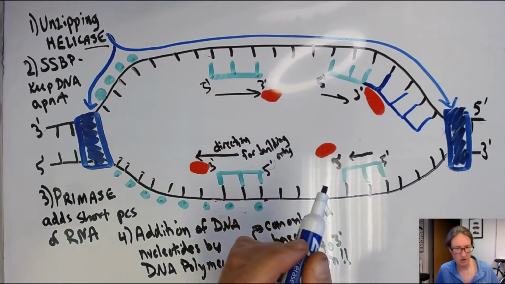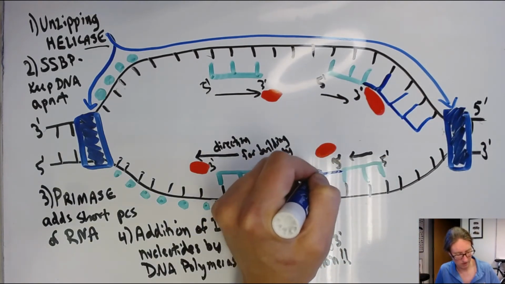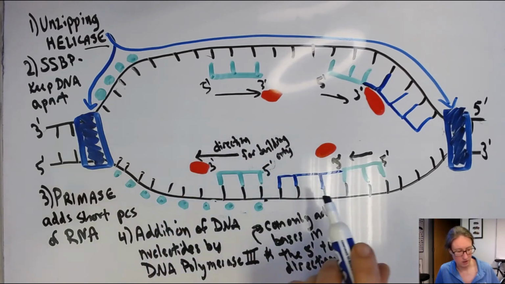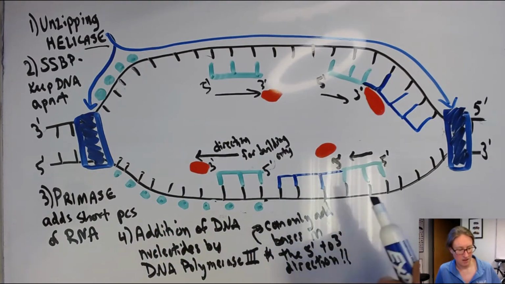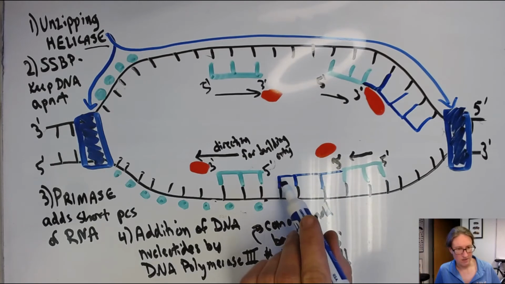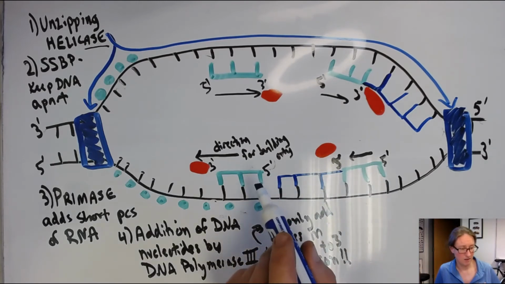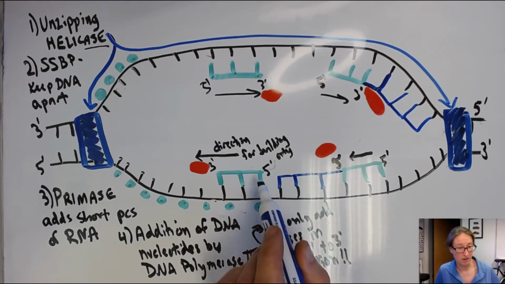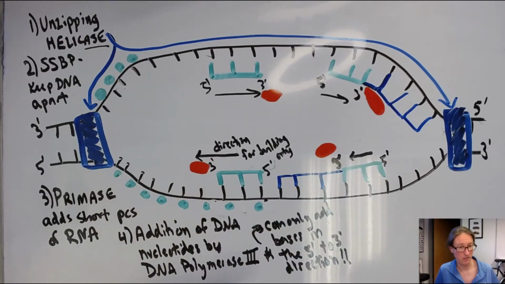And now here's where you might start to notice something. Okay, so down here, DNA polymerase is going to add bases until it bumps into this next piece of primer, and then it's actually going to stop and fall off.